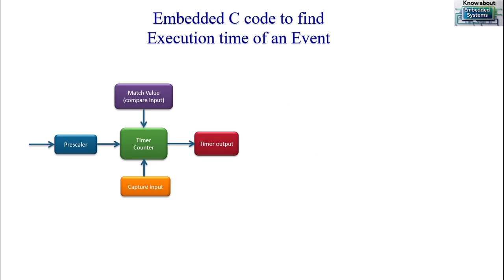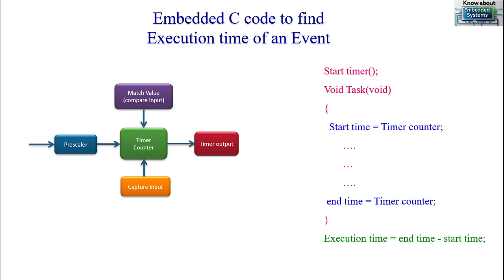Before going to the topic, we will understand how to develop the code to calculate the time of an event. So this is a pseudocode. What we have to do is start the timer initially. As you know, if you start the timer, the timer will be running.